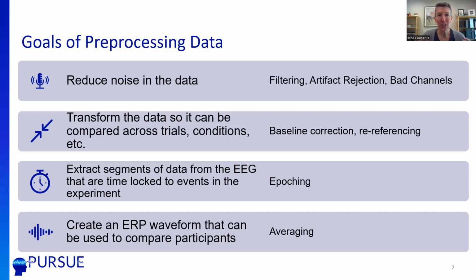We also need to extract segments from our EEG data because EEG data is just continuous. It's very long, right? And we want to break it up into those trials and into those different conditions. And then finally, that will allow us to average across our trials and conditions so that we can actually look at our data and look at it in comparison, compare different conditions, and associate it with different cognitive functions.